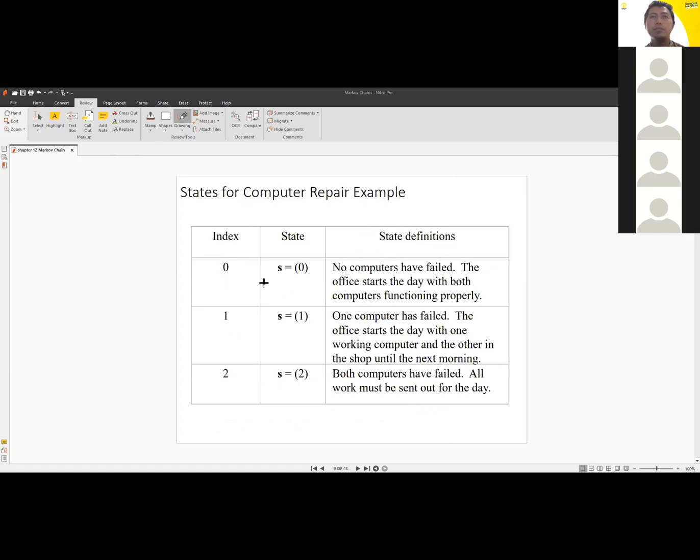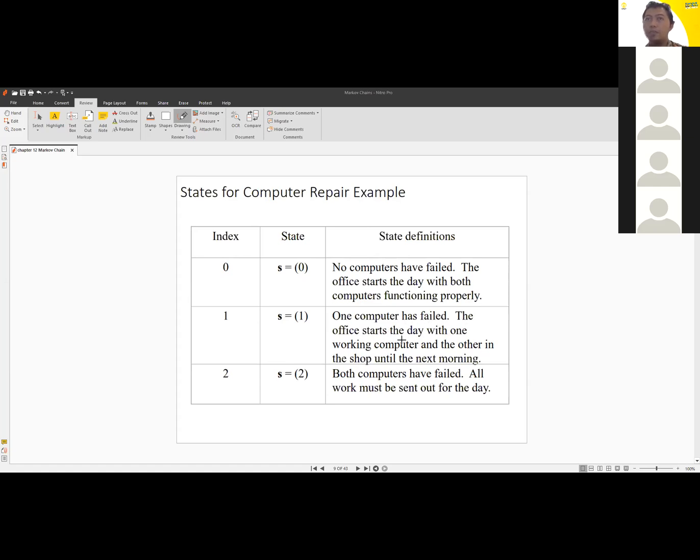Index 0, state 0: no computer has failed. The office starts the day with both computers functioning properly. Index 1, state 1: one computer has failed.